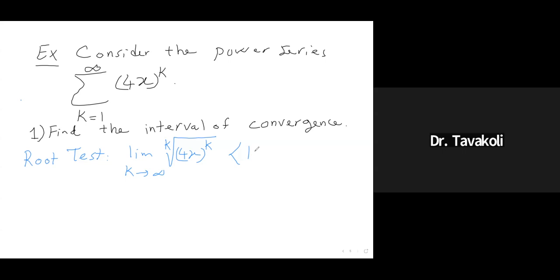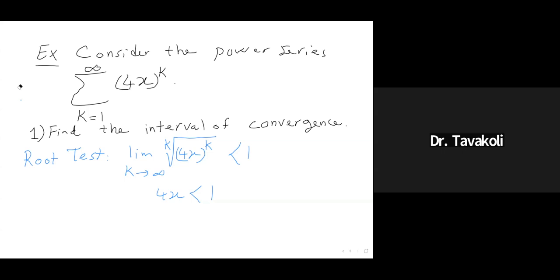But here it has x, so we need to solve an inequality. Here, the k's easily cancel out because we have one k as the index of the radical, the other k is the power of 4x. And so we have the limit as k tends to infinity, 4x is less than 1. There is no k here, therefore there is no need for this limit sign. We just have x, no k.